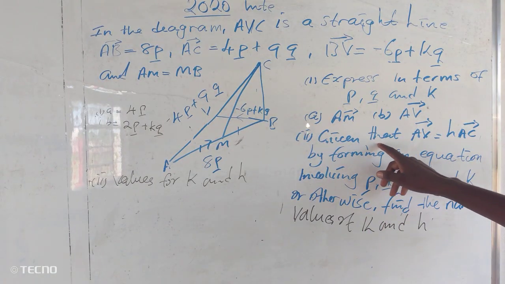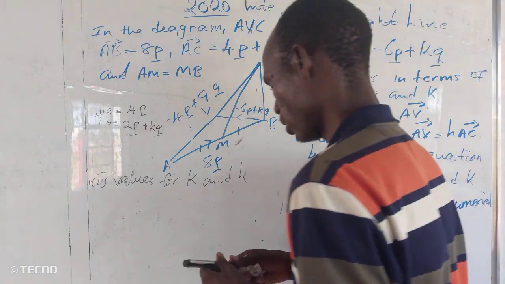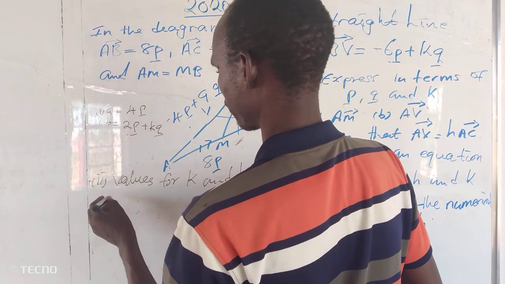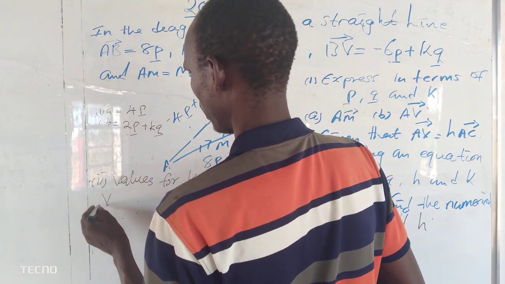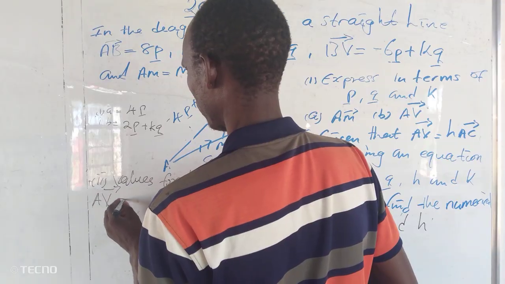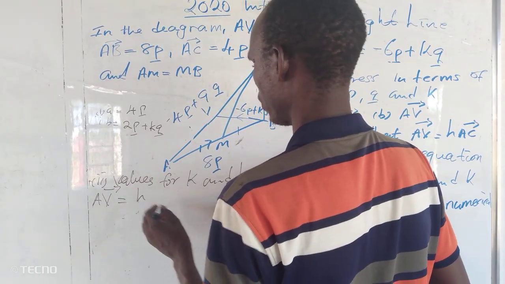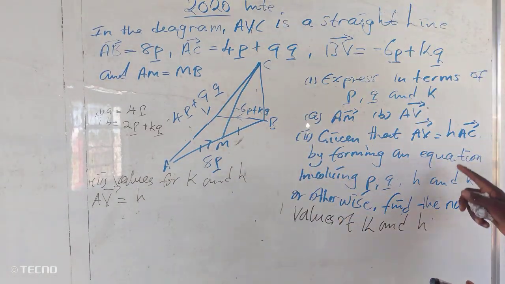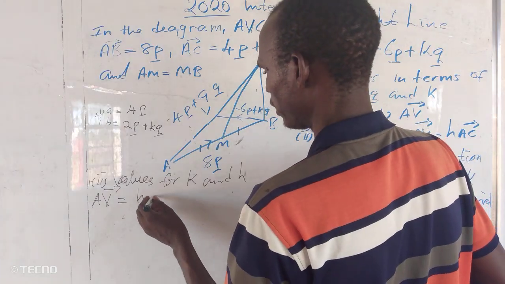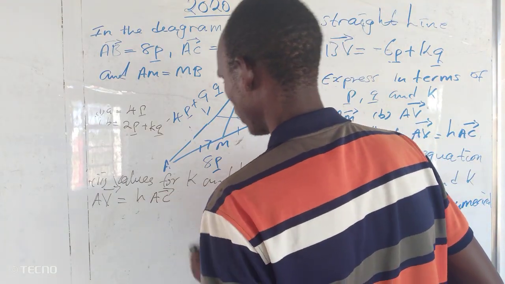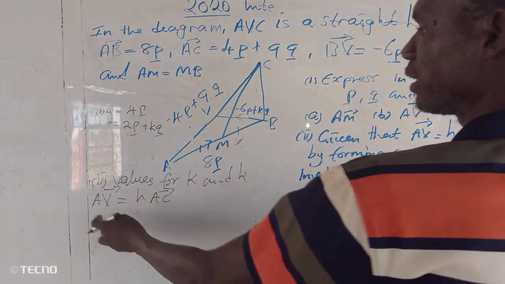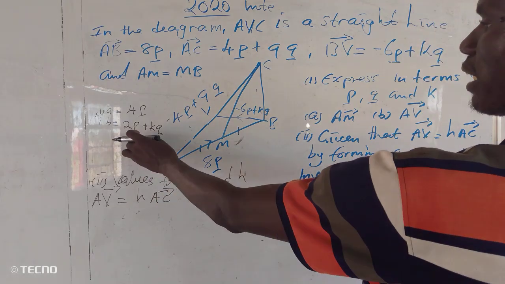The question says, given that vector AV is equal to H vector AC. What is AV? You are from calculating AV as that one.